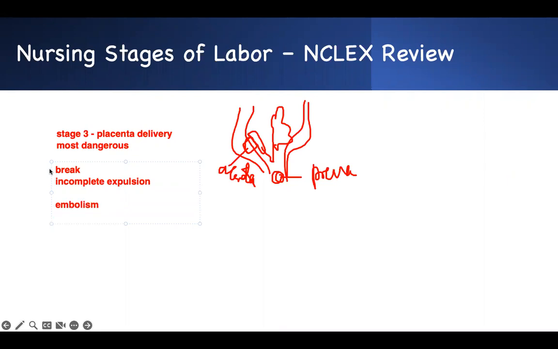So anybody who is delivering a baby and all of a sudden has respiratory distress, it can be an amniotic fluid embolism or from the placenta, and they can go into DIC. And you know what to expect: low platelets, low fibrinogen, and PT, PTT, and INR are elevated.